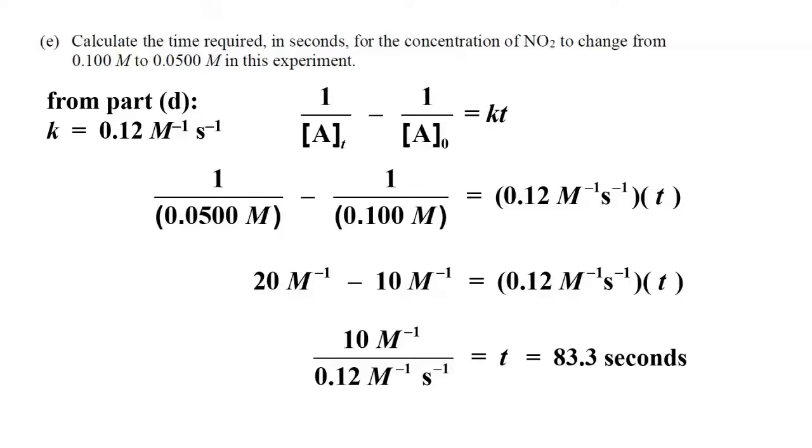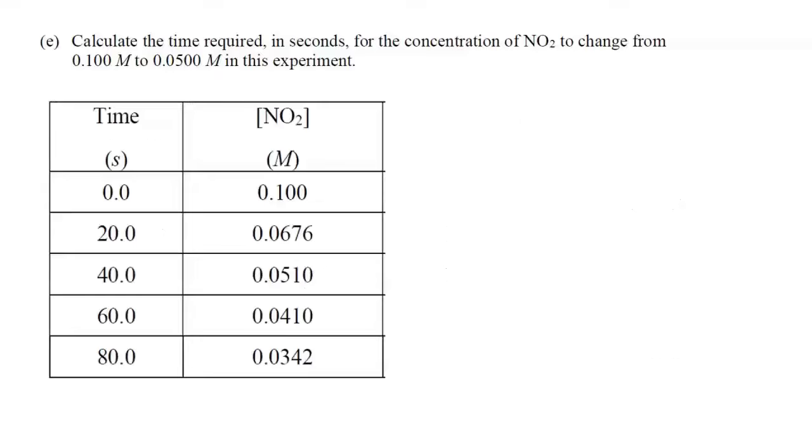Now, this might cause a problem for some of you. If you look closely at the data in the table, it might seem that 83.3 seconds is actually incorrect or doesn't quite make sense. Take a look. We're trying to figure out how much time it takes for the concentration of NO2 to drop to a value of 0.05 moles per liter.